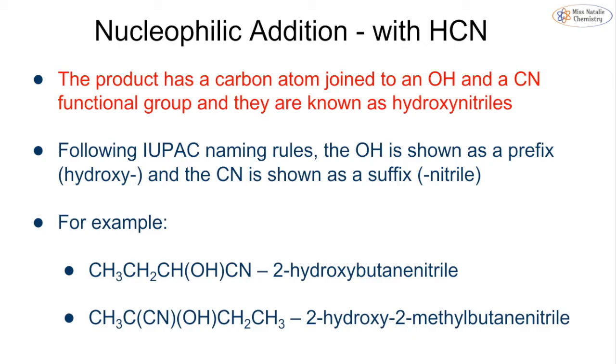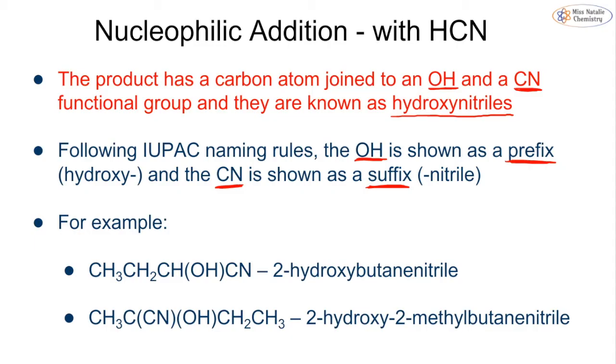Now this product is a little bit unusual because we have two functional groups here. We have a hydroxyl functional group and the nitrile functional group, and we call these hydroxynitriles. When we follow the IUPAC names, we have the OH as a prefix, so we say hydroxy at the start, whereas the CN nitrile is used as the suffix. For example, the first one that we saw would give us 2-hydroxybutane nitrile.